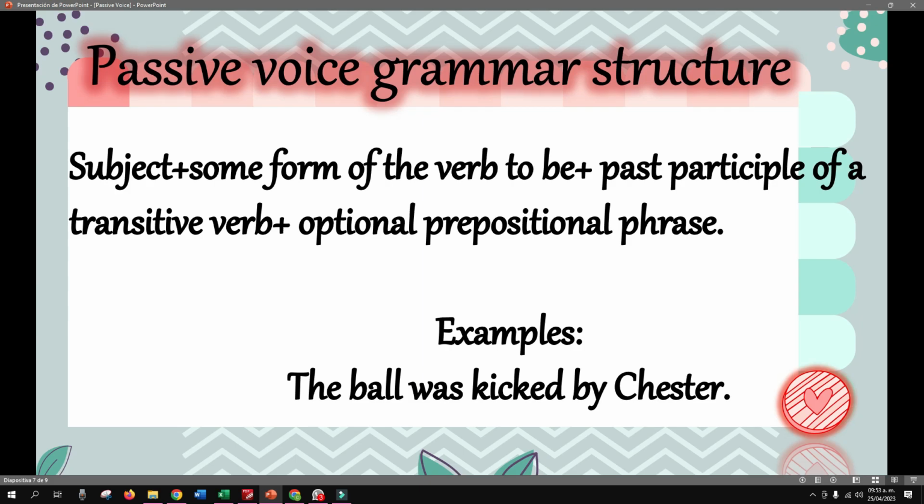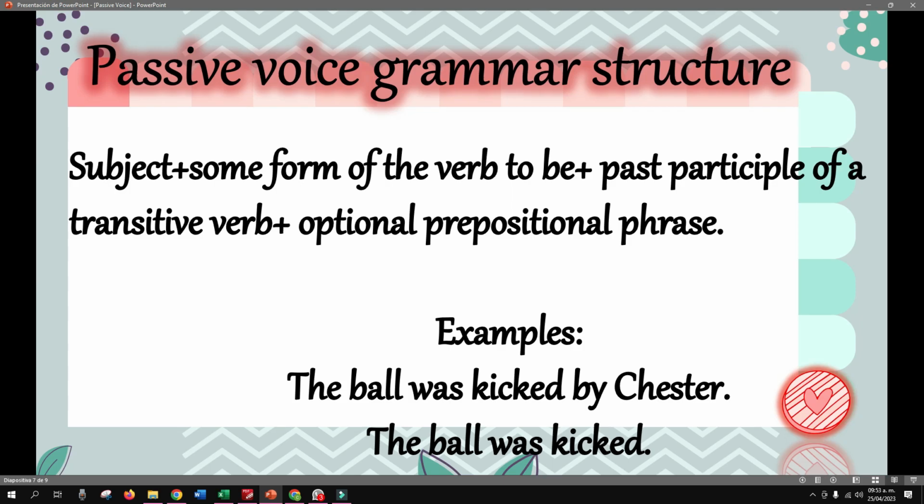The ball was kicked. That's good. It's great, right? So we need to be careful in this case with this grammar structure, right? Also, the ball was kicked. As I was telling you, you can omit it or you can write by Chester, and that's also okay, right?